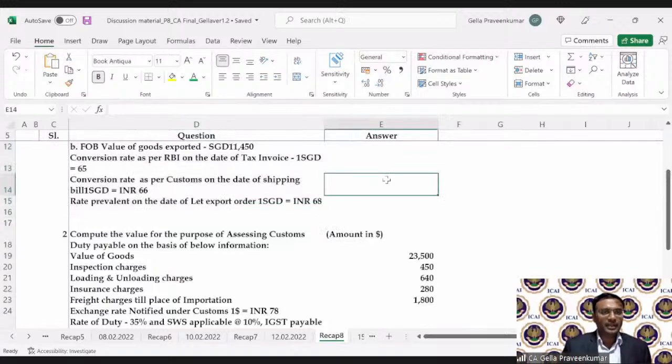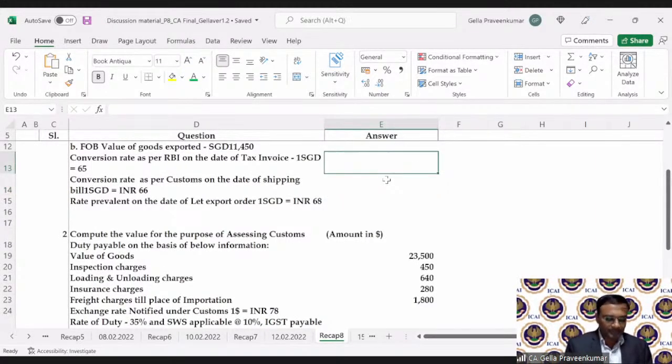Now, as per your goods exported, please refer to page number 4.11. For export of goods, the conversion in value shall be done with reference to the rate of exchange prevalent on the date of filing shipping bill. That is under section 50.